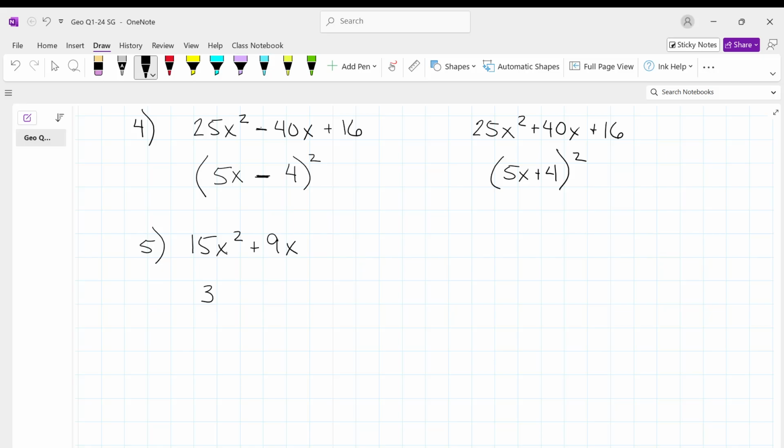The largest factor that goes into x squared and x evenly is x. And then we take 3x and divide it into 15x squared, and we get 5x. Take 3x divided into 9x, and we get 3. And that is in factored form.